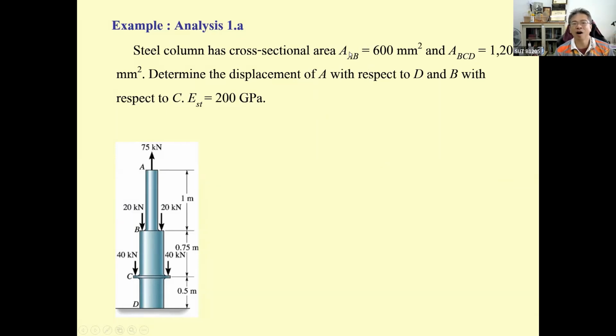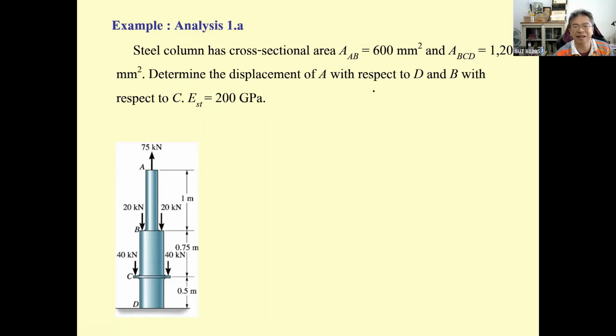The cross section of this steel column, AB, is the smallest, 600 square millimeters, and then BC and CD are twice as large at 1,200 square millimeters. We are asked to determine the displacement at A with respect to D, and A with respect to B.